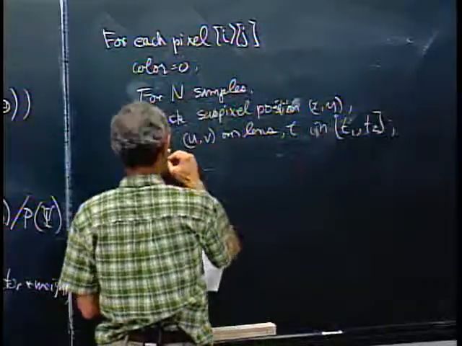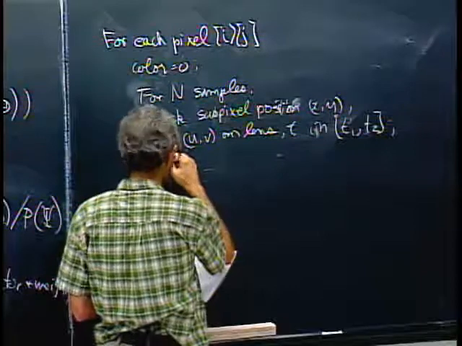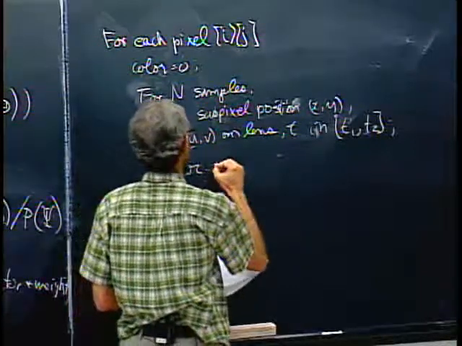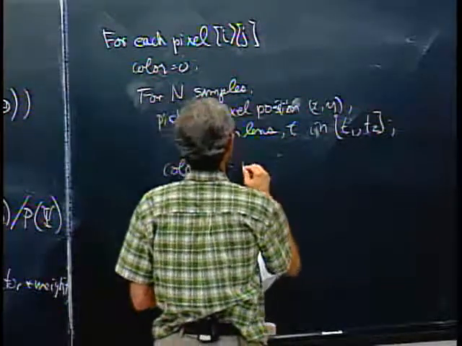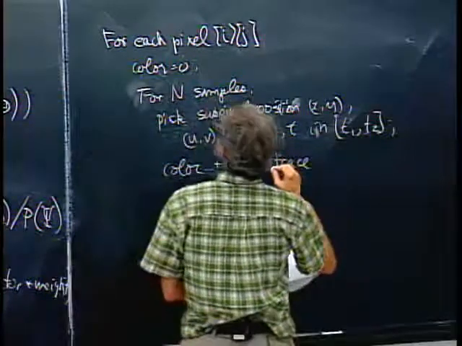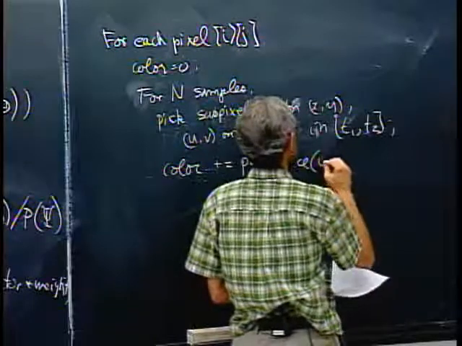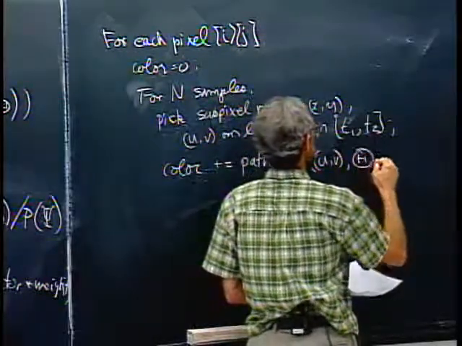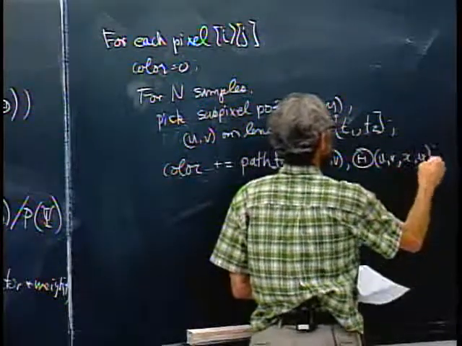And what we want to do is add to the color this path trace, as I call it with an underbar here, of the lens position and this angle theta that depended on the lens position and the subpixel location.